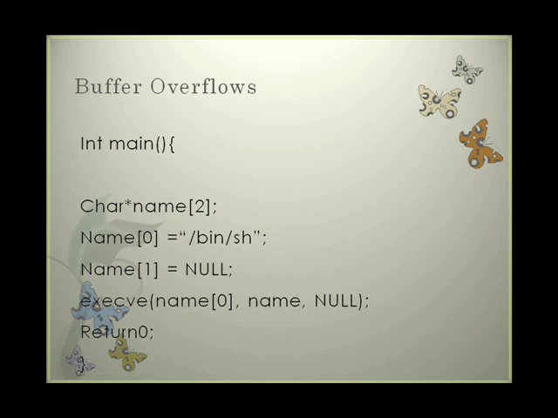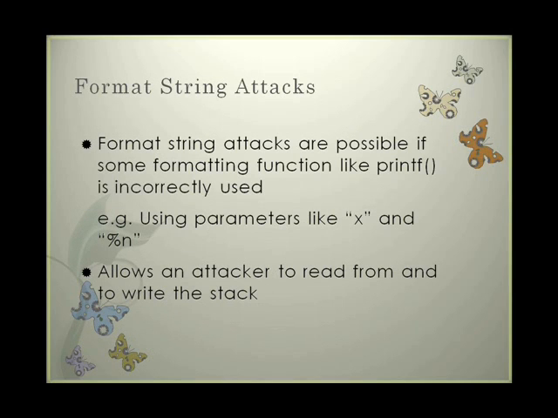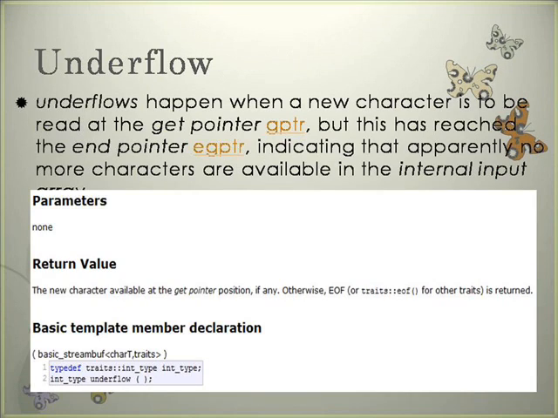Another problem in C is format string attacks. Format string attacks are possible if some formatting function like printf is incorrectly used, that is, if we use incorrect parameters. And that will allow an attacker to read and to write on the stack. Another problem in C++ is underflow.